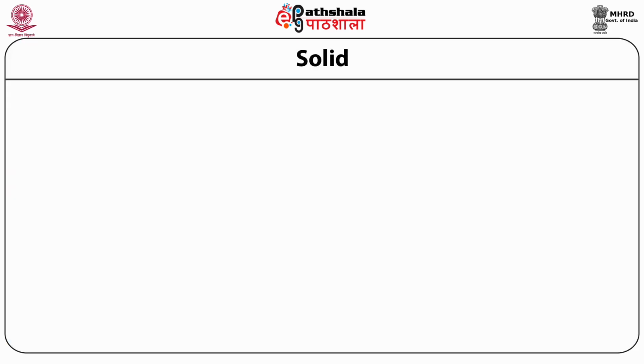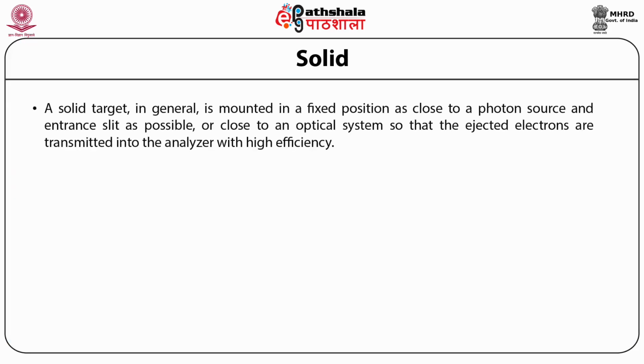About the solids. A solid target in general is mounted in a fixed position as close to a photon source and entrance slit as possible, or close to an optical system, so that the ejected electrons are transmitted into the analyzer with high efficiency.